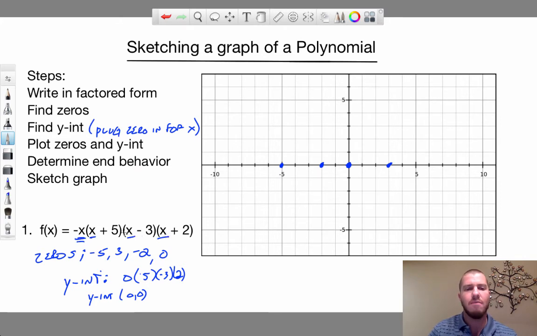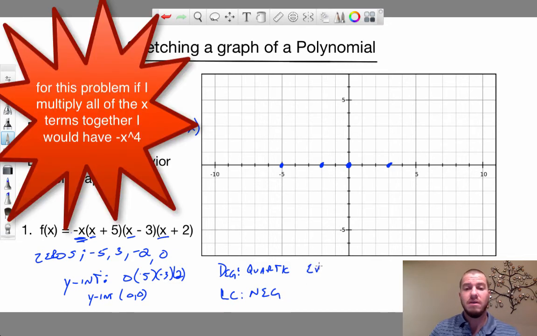So determining how many x's are being multiplied, that's going to give you your degree. So I have 4, which is going to be a quartic. And because all of these are positive, and then this one is negative, that means my leading coefficient is going to be negative.